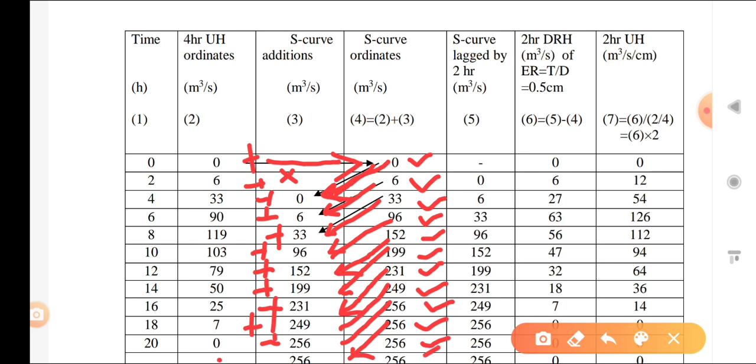Okay, so we have constructed the S curve. Now we have to lag that S curve, which means we have to find the SB. To what hour do we have to lag? For the hour of the unit hydrograph we require. Here we have to develop the unit hydrograph of 2 hours, so we have to lag that S curve by 2 hours.